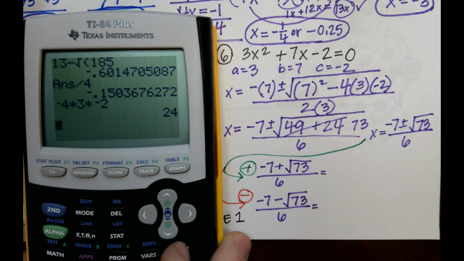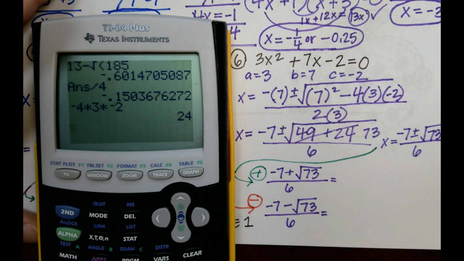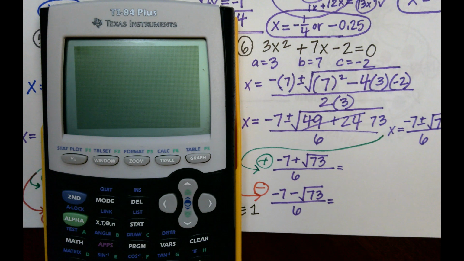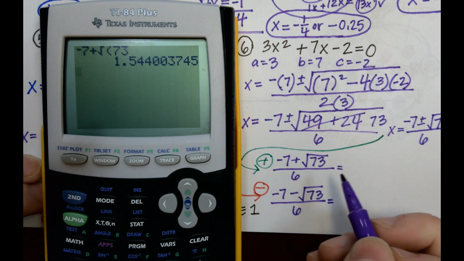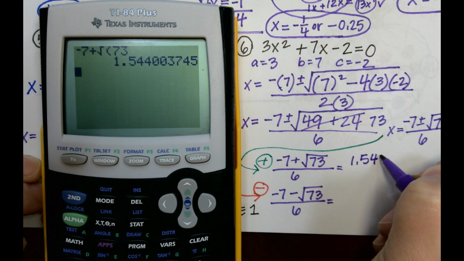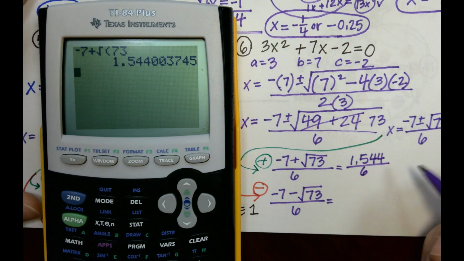Okay, and we'll just type it in. Remember, we simplify the top half first and then we divide. If you type it all in at one time without using proper parentheses, your answer is not going to come out correct. We need to put -7 plus the square root of 73. That's my top number. 1.544 still needs to be divided by 6 though.